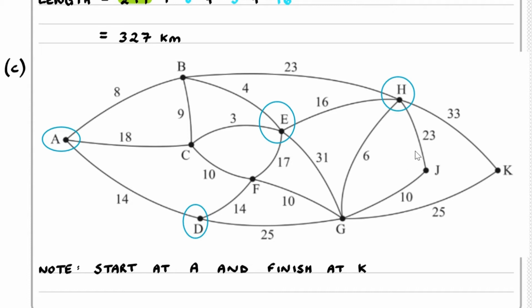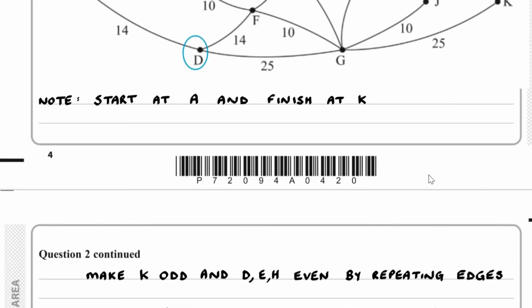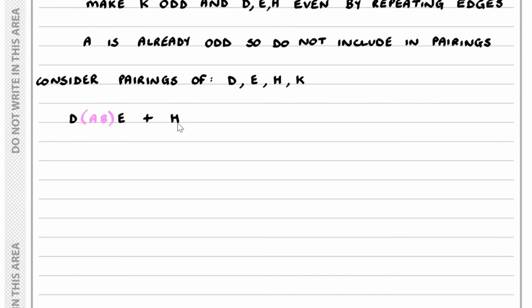Alternatively, we could go via G instead, because that will be shorter. 6 plus 25 is smaller than the 33. So we could go from H to K via G.